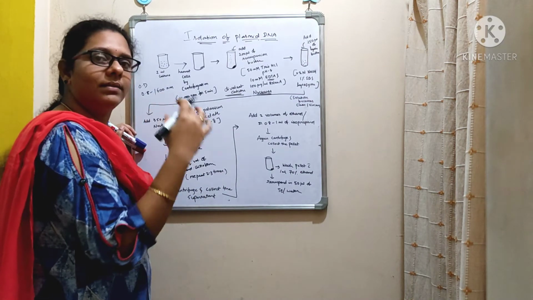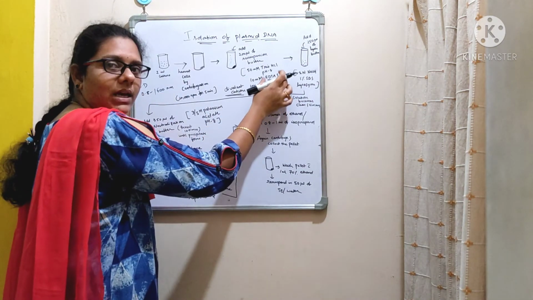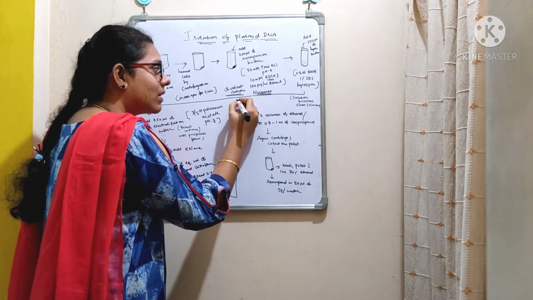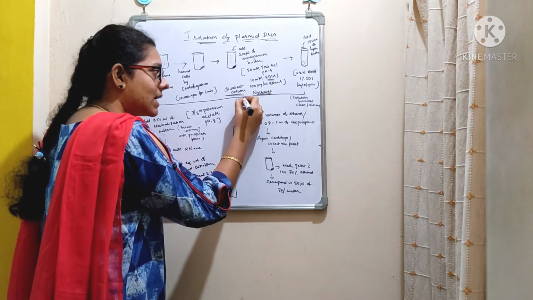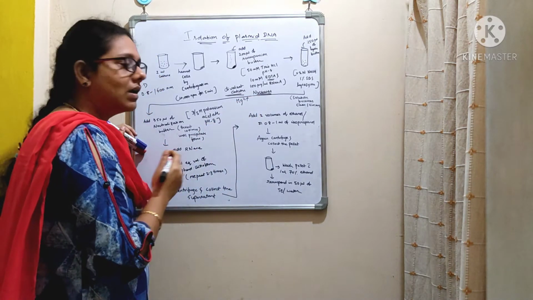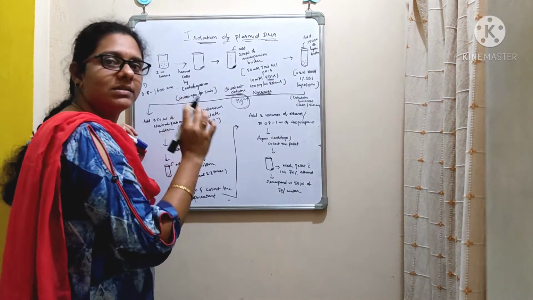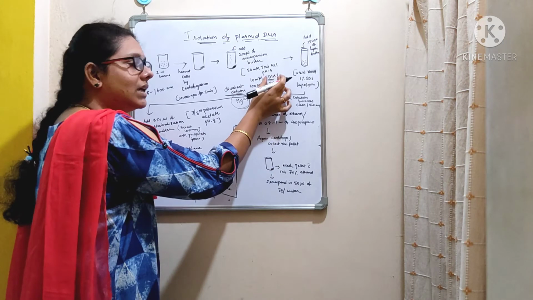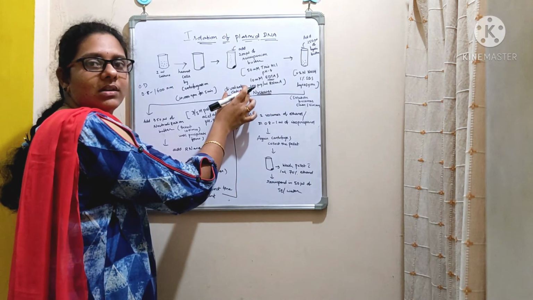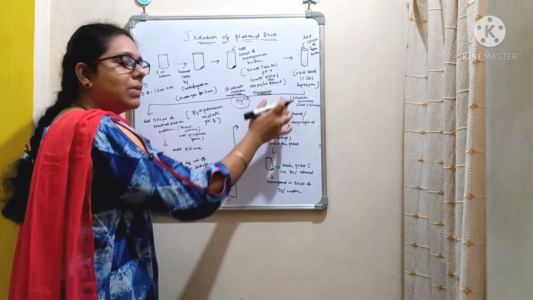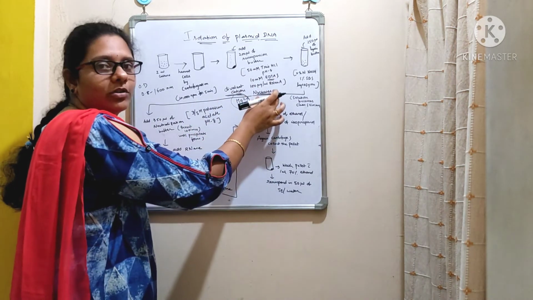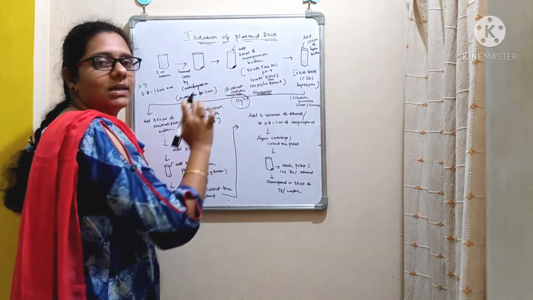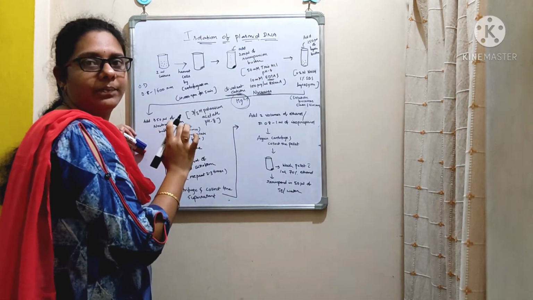To avoid that problem, EDTA will inhibit the activity of nucleases, because these nucleases require divalent cations, that is Mg2+, for their activity. Here the Mg2+ will act as a cofactor for the enzymatic activity of nucleases, but the EDTA will reduce the concentration of divalent cations and thereby inhibit the activity of nucleases. That is the reason we include EDTA and Tris-HCl in a resuspension buffer.